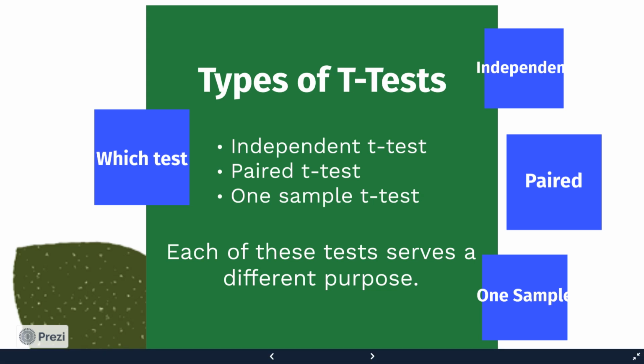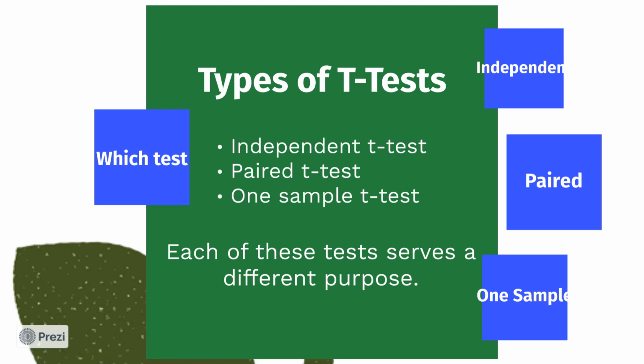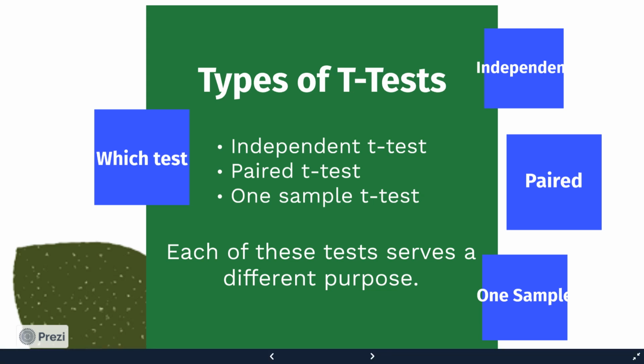So in a one sample t-test we have a benchmark against which we compare our sample mean and statistically see if it is different or not. Such a test is called a one sample t-test.